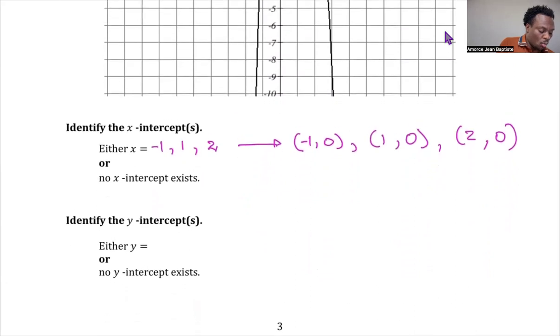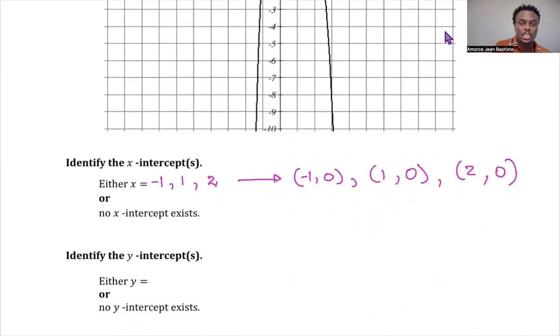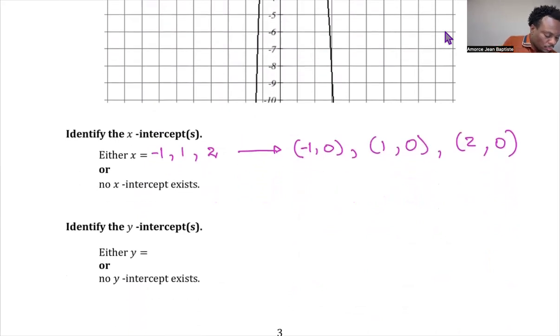For the y-intercept, we have just one, which is found at y equals 4, and the ordered pair form will be 0, comma 4.